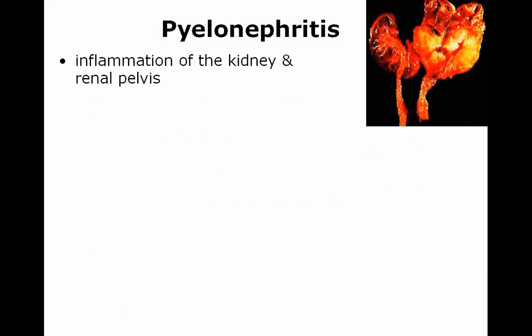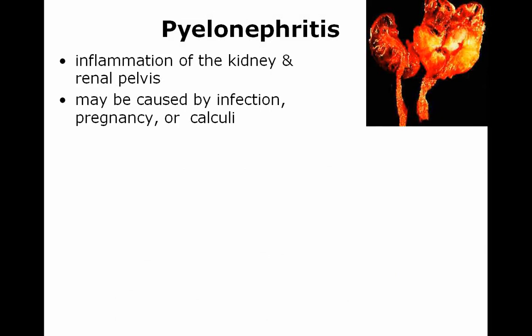And now pyelonephritis. The renal pelvis is referred to as far as medical term as pyelo. So pyelonephritis is inflammation of the renal pelvis, and the inflammation is most often caused by infection, caused by some infectious agent.